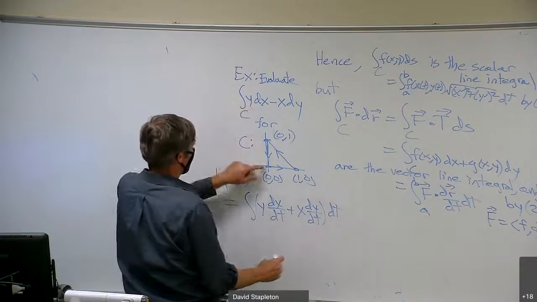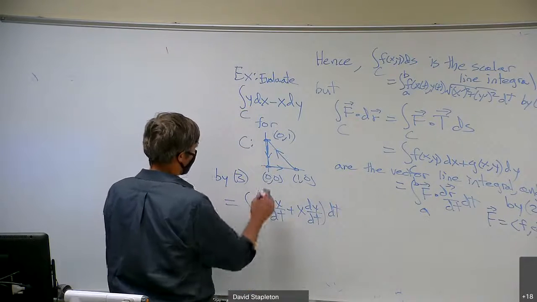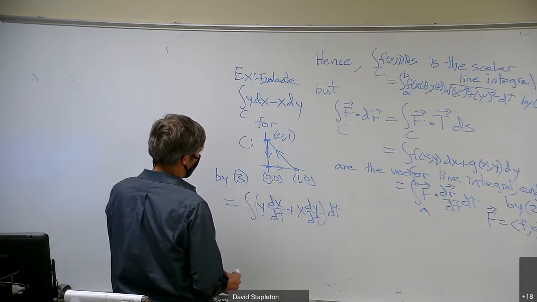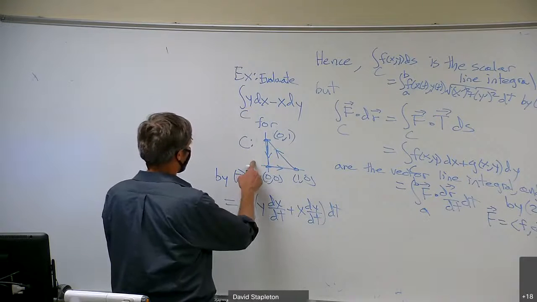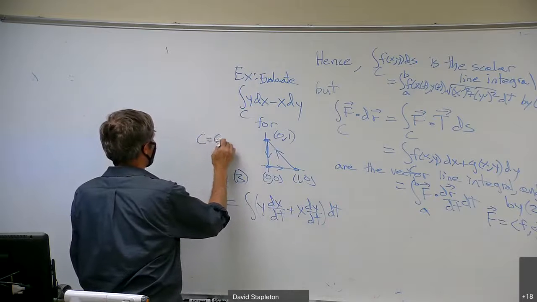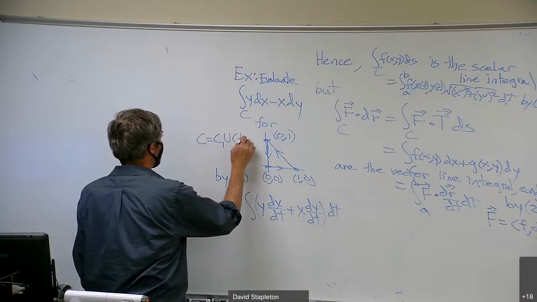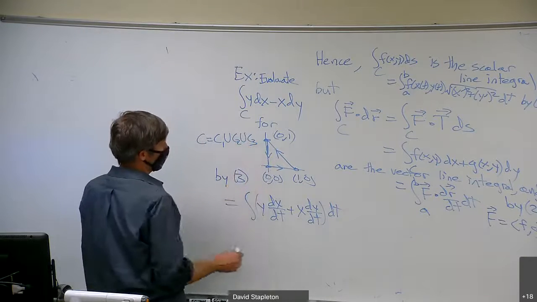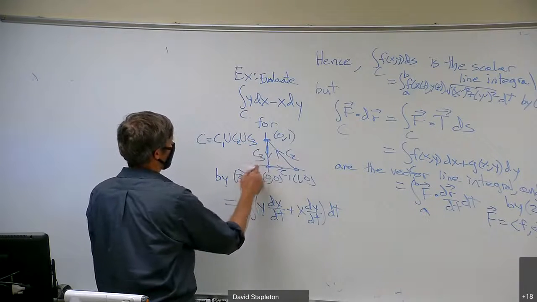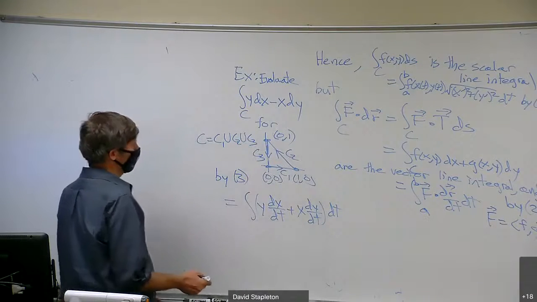T going along this curve here. Well, we have to break it up into 3 pieces. What I'm going to do is let C be the union of C1, C2, and C3. I'm going to call this one C1, this one C2, and this one C3, and I'll go around like that.